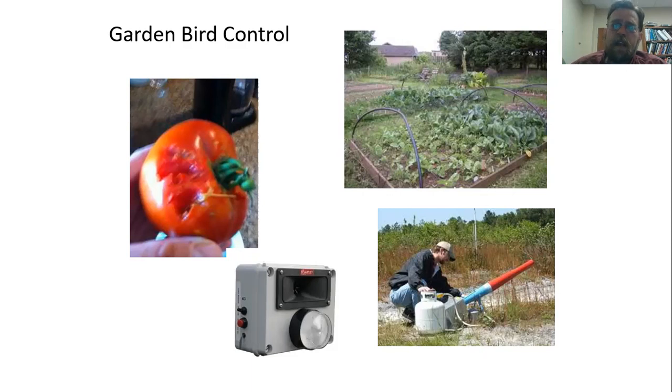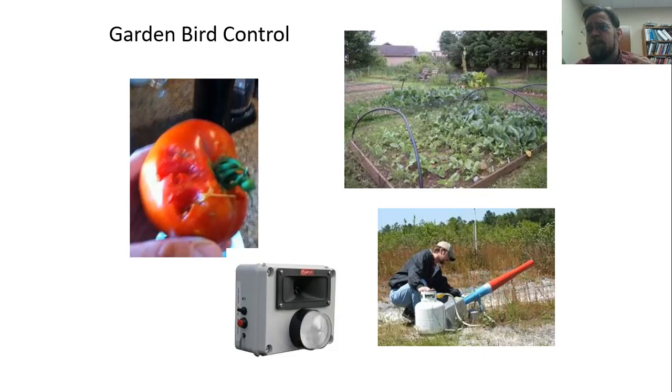So I often do get asked, how do I discourage the birds? One of the easiest ways to do this is just with mesh. If you put a frame up, even something simple like a couple of stretches of PVC that go over the garden area, you can put that mesh over the garden when you're not working in it, and that will keep the birds from being able to directly interact with the plants.